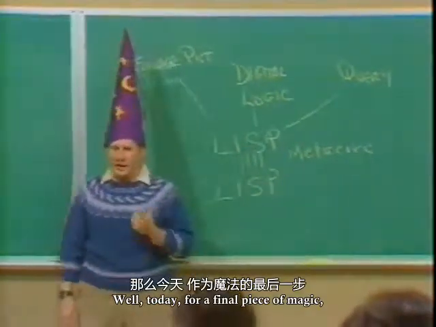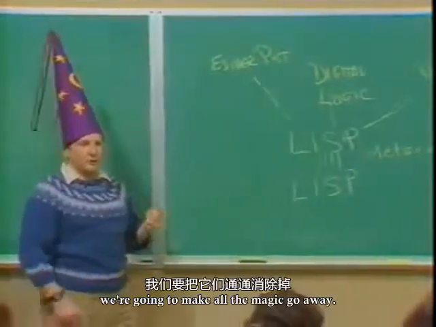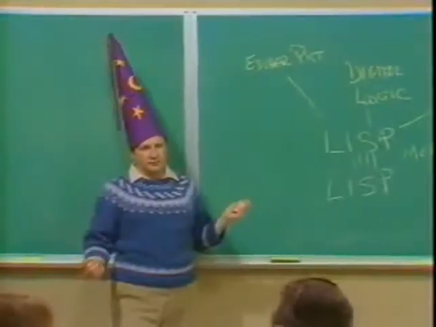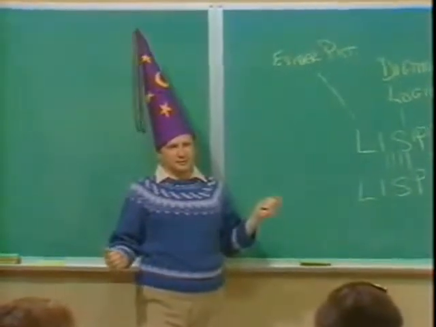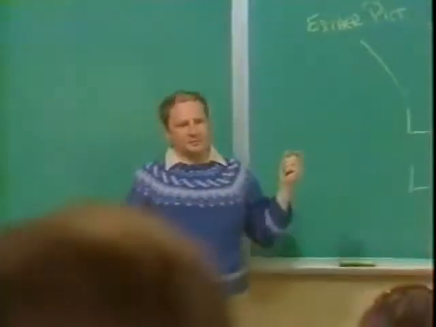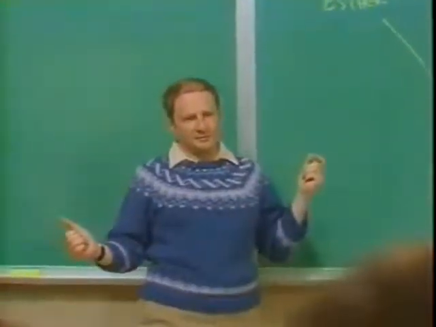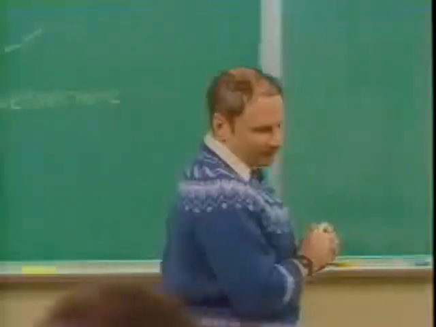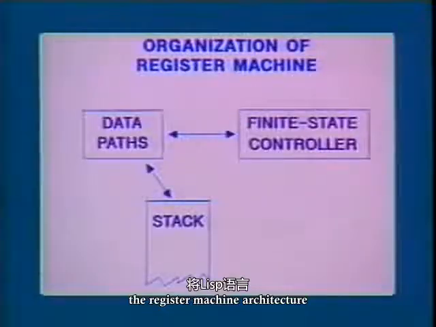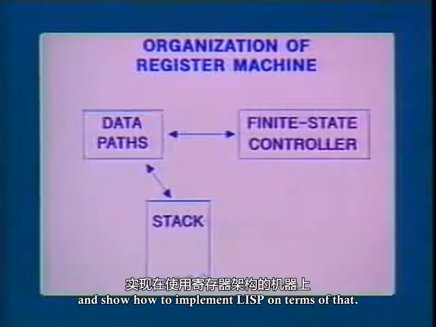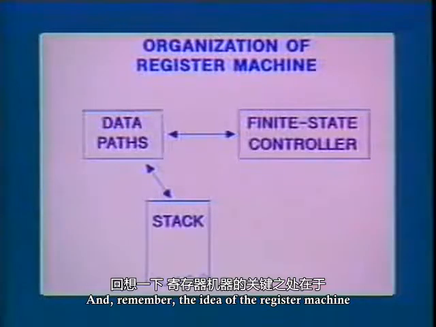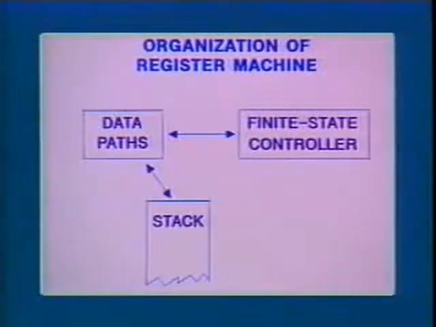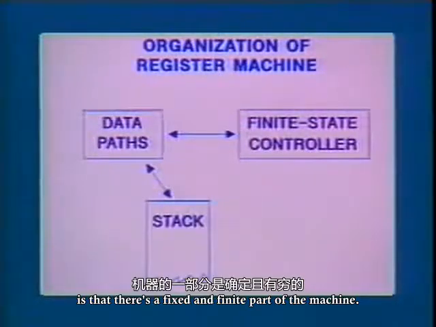Well, today, for our final piece of magic, we're going to make all the magic go away. We already know how to do that. The idea is we're going to take the register machine architecture and show how to implement Lisp in terms of that. And remember, the idea of the register machine is that there's a fixed and finite part of the machine.